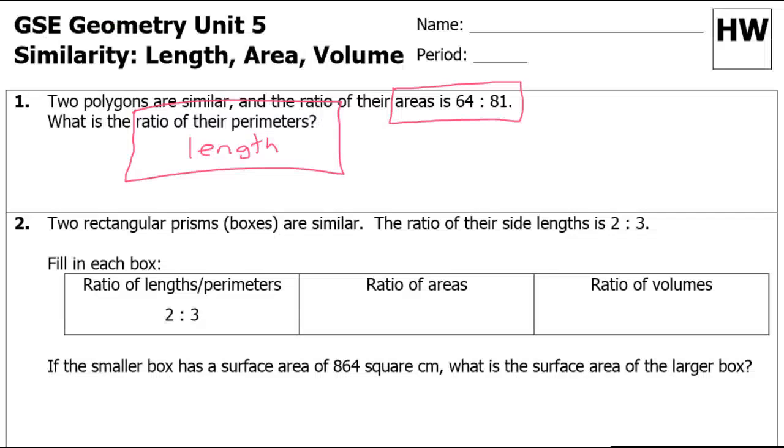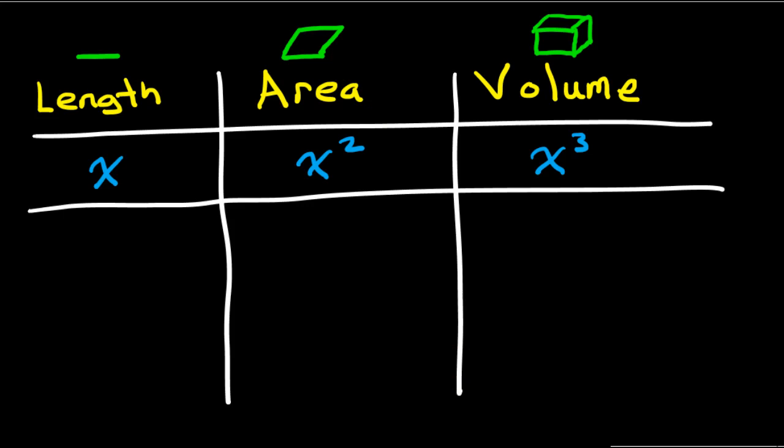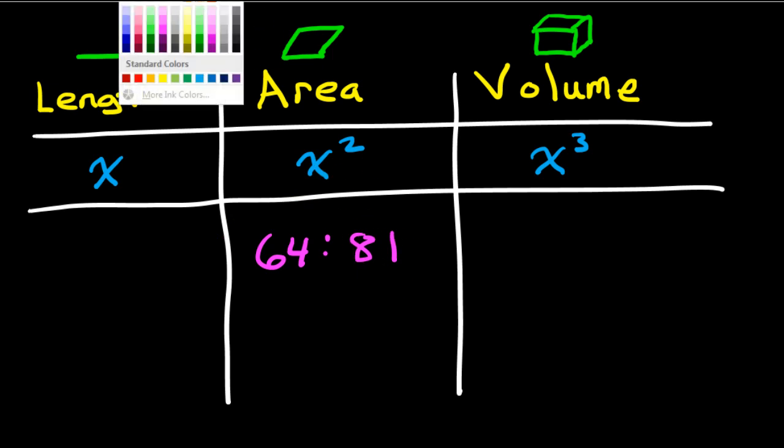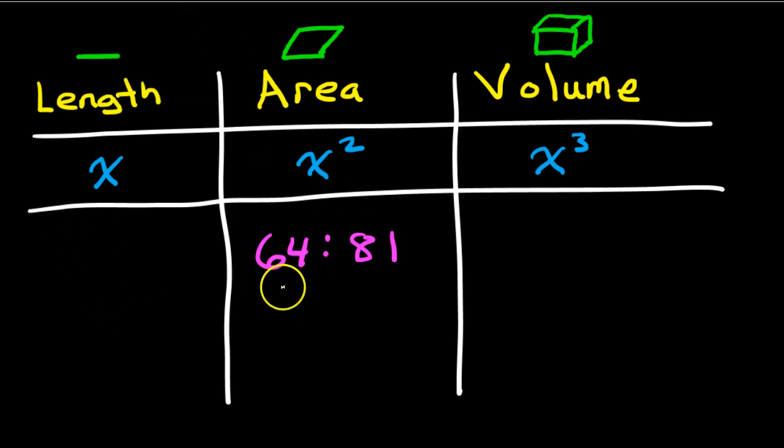They told us that the ratio of areas is 64 to 81. So we need to find the ratio of lengths. If they give us an area and you want to find the length, you're going to have to do the square root.